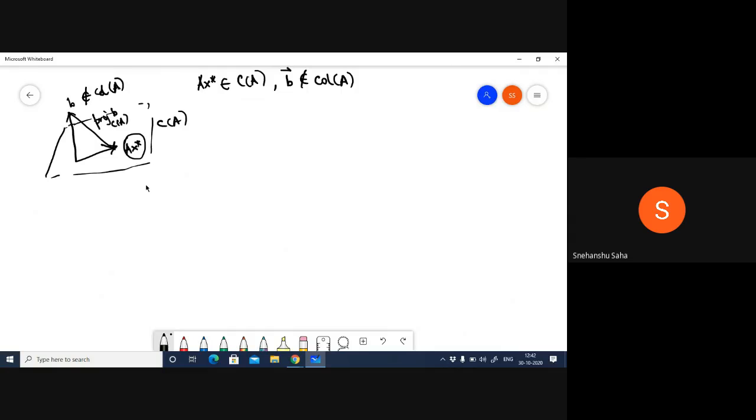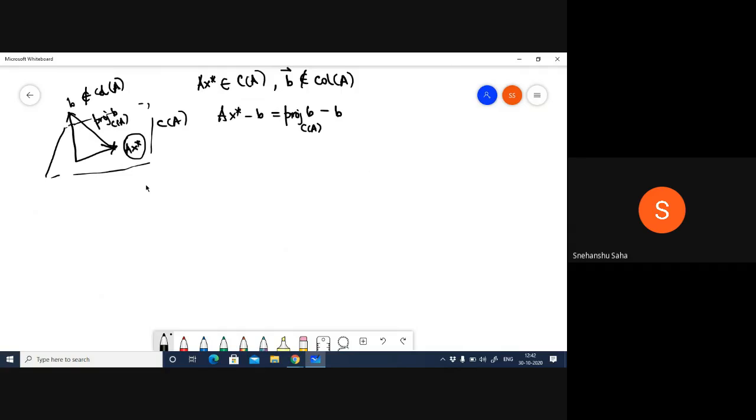Now, what I can see is, what is your AX star minus B? AX star minus B is this. This AX star minus B is nothing but the projection of B in the direction of the column space, minus B. And this projection is orthogonal.